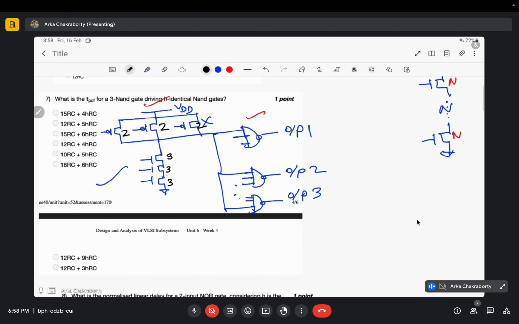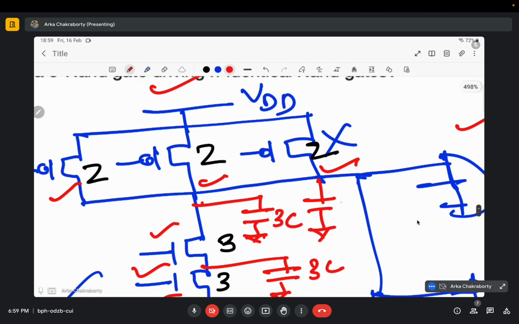So the capacitances would be 3C due to this one, 3C due to this one, and again 3C due to this one. And due to these three PMOSes, I'll get a capacitance of 2C plus 2C plus 2C, that is 6C.